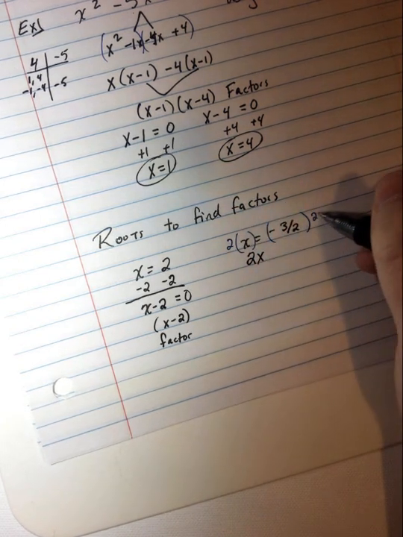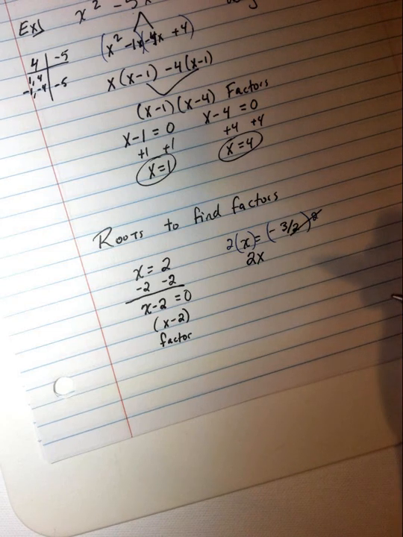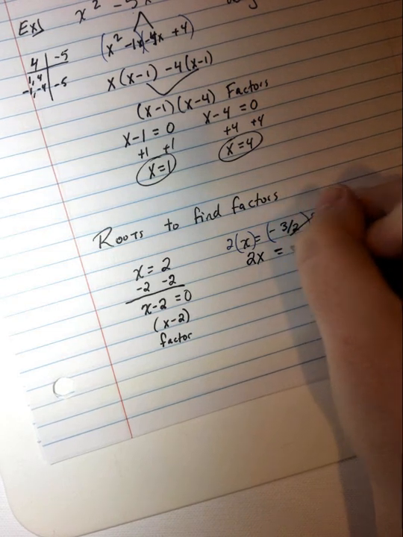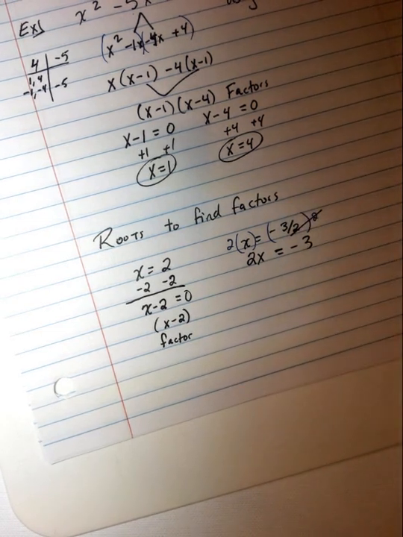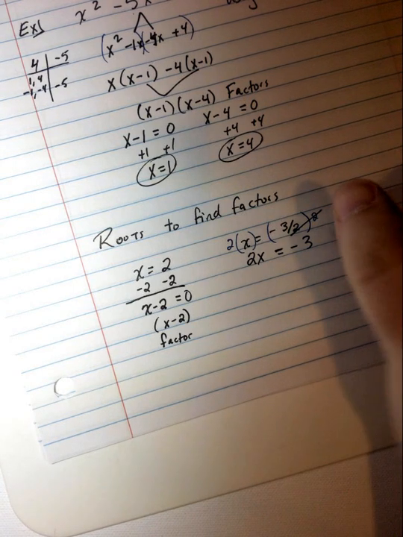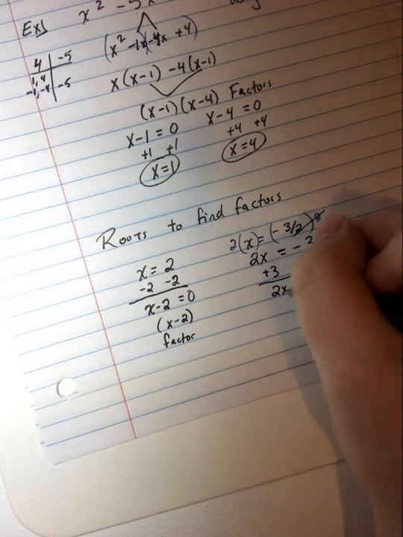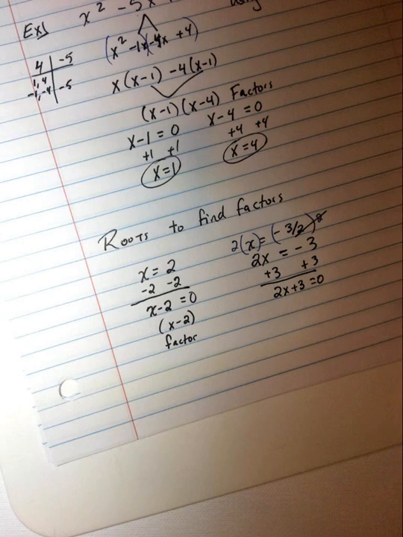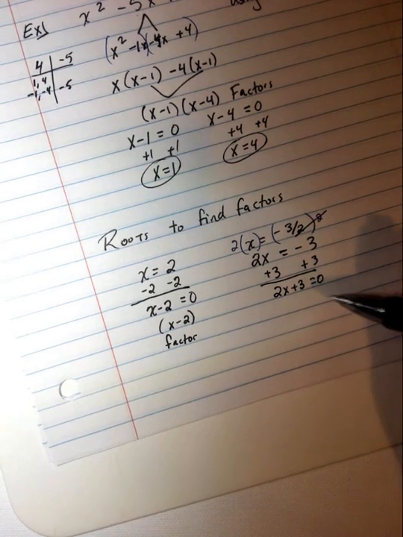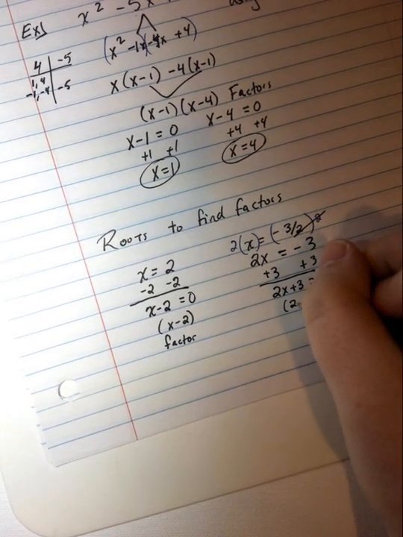Remember, if I divide by 2 and multiply by 2, that cancels because they're inverses. I'm left with minus 3. So I have 2x minus 3. So I'm a whole lot closer. If I add 3 to both sides now, I get 2x plus 3 equals what? 0. Remember, that's what I'm looking for. Once I get this equals 0, I remember that is a factor.